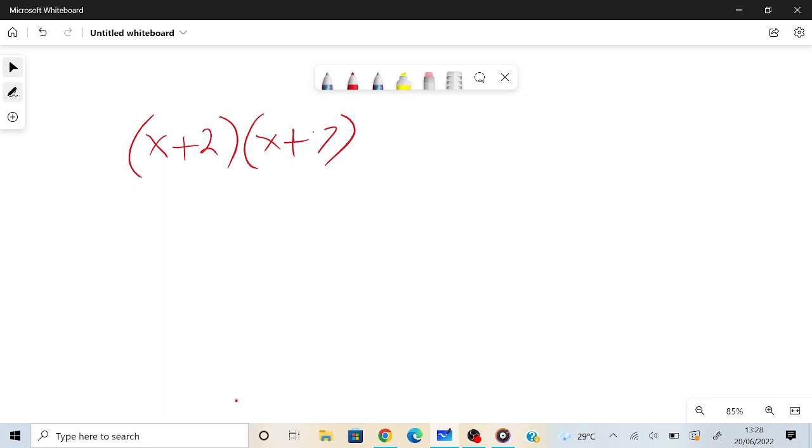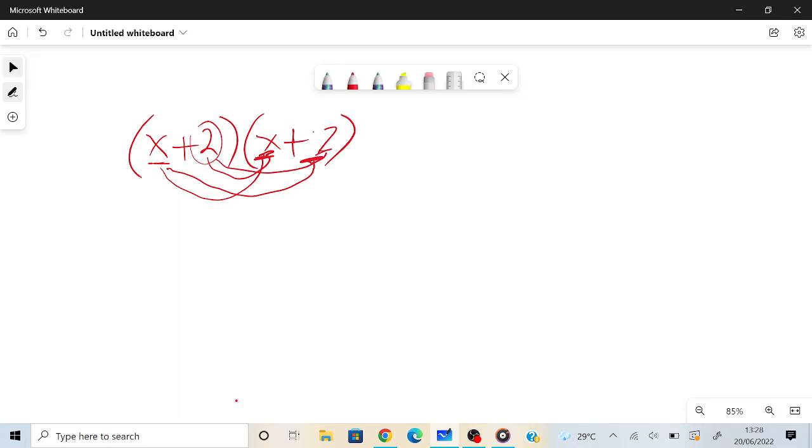So in this case, what you have to do is, the first thing you have here, the first number or constant, times the first one over here. Then the first one over here times the second one over here. Then you do the same thing for the 2 over here. You times this by x over here, and then times this by 7 over here.